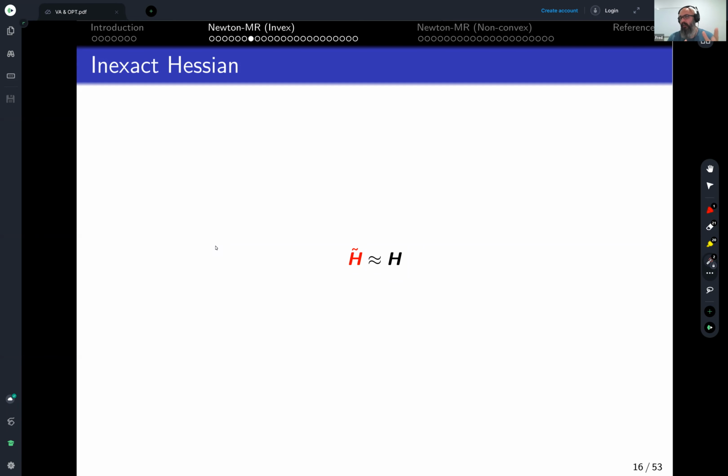So the natural thing for us to do is to make the algorithm more efficient by replacing the true Hessian with some form of approximation. A natural way of quantifying this approximation, for example, is looking at the spectral norm of the difference between the approximate Hessian H tilde and the true Hessian being below a certain tolerance epsilon.